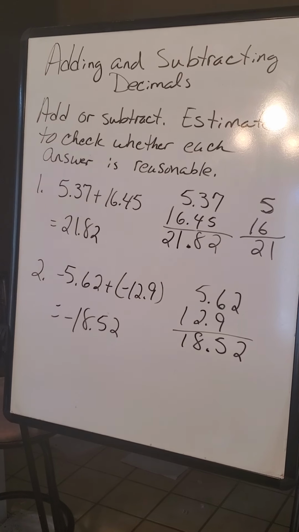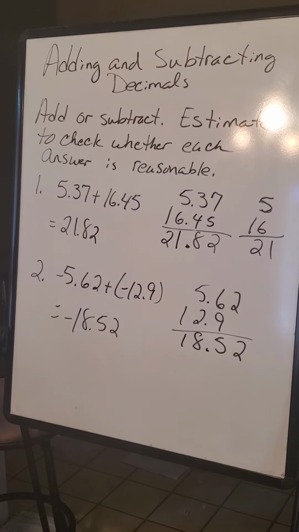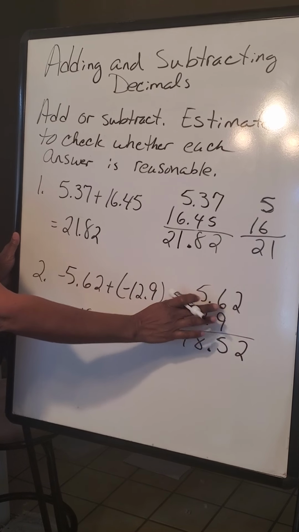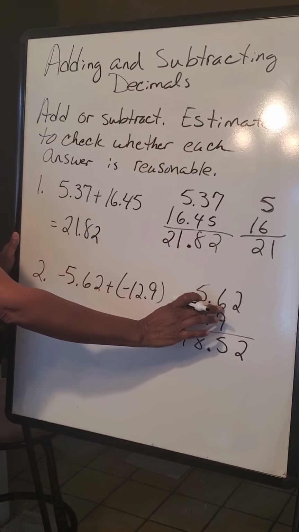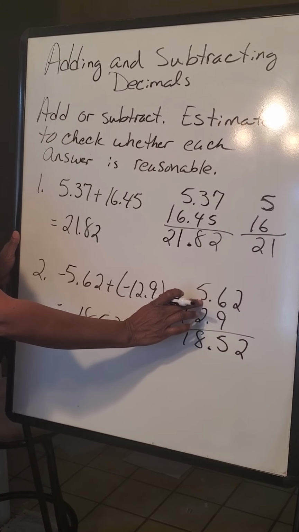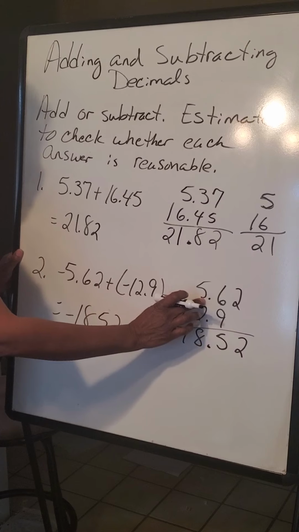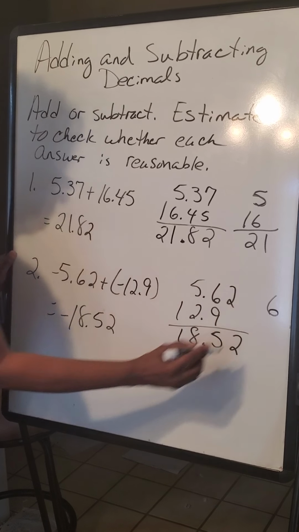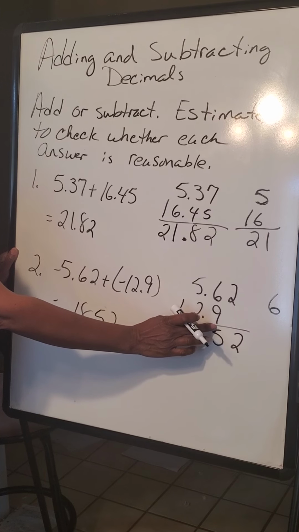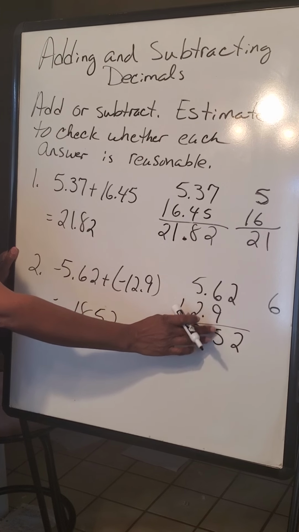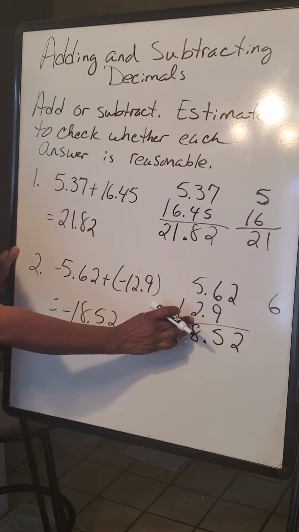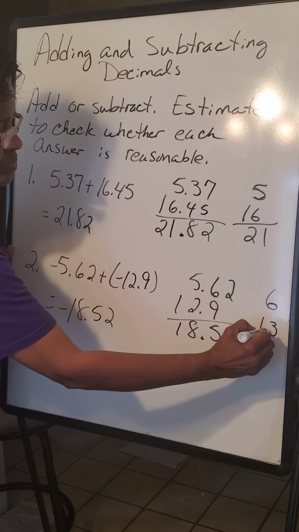Now, as far as estimating is concerned, as I estimate 5.62, I'm going to look at the 10ths place. That 6 is enough to increase this by 1. So rounded to the nearest whole, 5.62 would become a 6. 12.9, again, looking at the 9, which is in the 10ths place, is enough to increase this 2 to become a 3, so I'll have a 13.